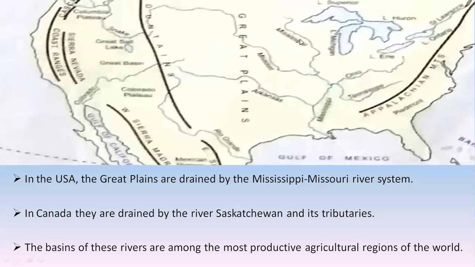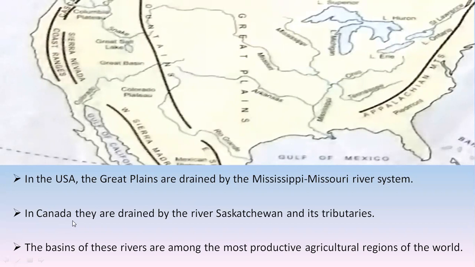But especially Missouri, Mississippi and Arkansas drain this plain. Missouri and Mississippi are taking the water from the Great Plains to the ocean. The Orinoco and other rivers are not taking water from the Great Plains. These two rivers, Missouri and Mississippi, take water from the Great Plains and drain it to the Gulf of Mexico.